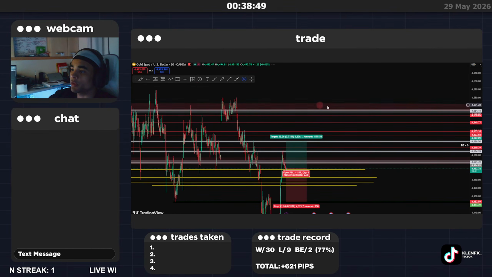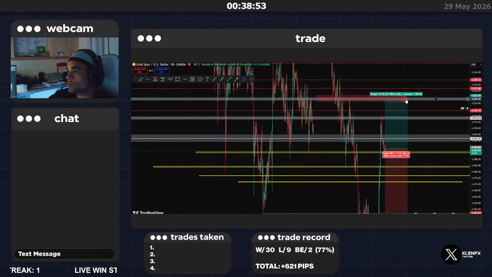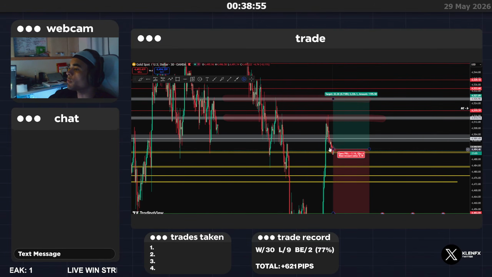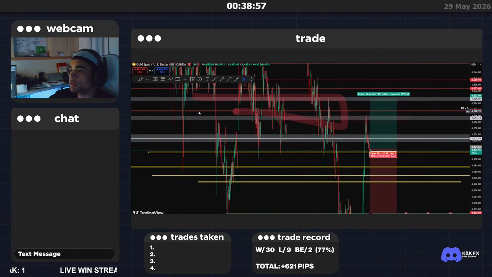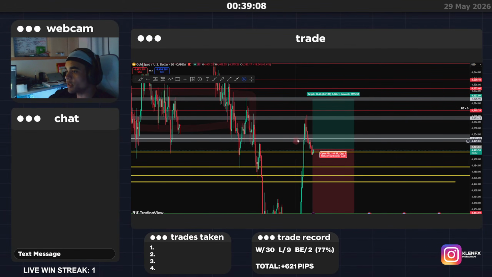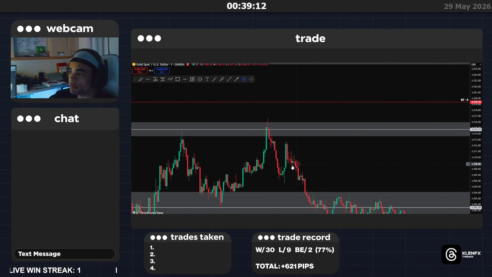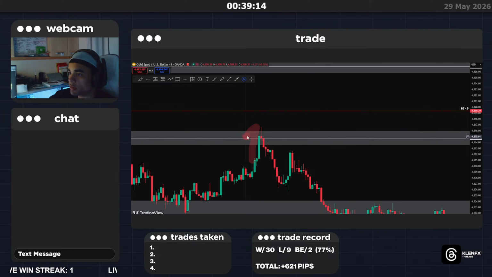Then we went down to the hourly and the 30-minute, and this was your more localized range that we're looking at, just based off structure here. So with that being said, you go down to the 1 minute, you'll see that you have a lower time frame break into the range, which is between here and here.